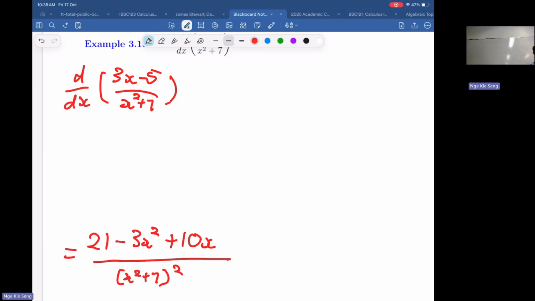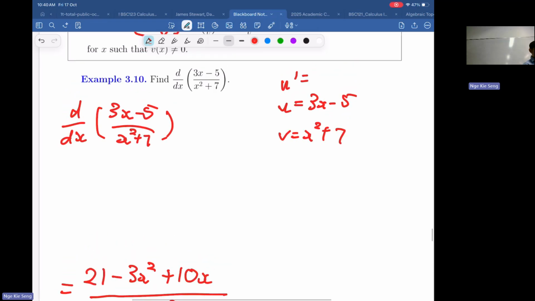Okay, good. So basically, what's your u? U is 3x minus 5. V is x squared plus 7. And then u prime is 3, and v prime is 2x. And then you do your formula. So what's your formula here?